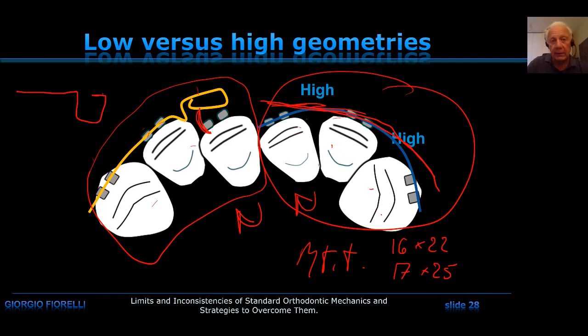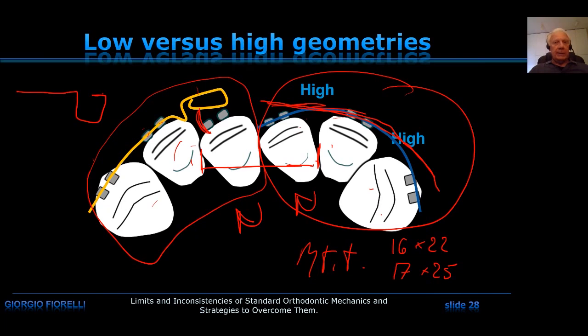Another thing that is important, that usually in these areas you have a lack of space, and that's another factor contributing to the difficulty of correcting these rotations here. And if you have no space, even if you apply the right force system to the teeth, they will be stuck there. So what to do?